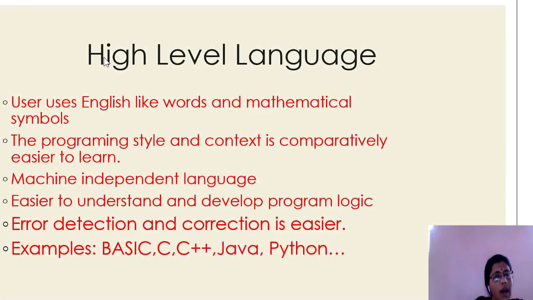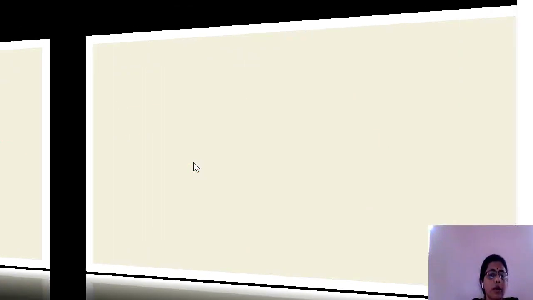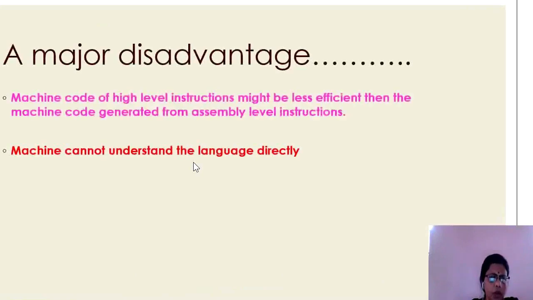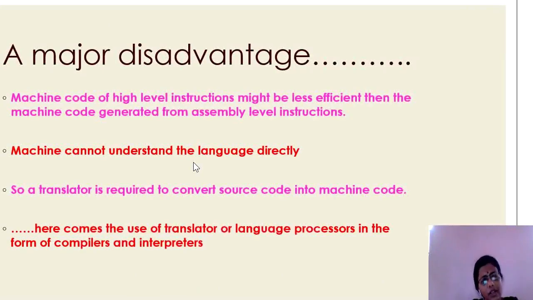Java is a high level language. It uses English-like words. It also makes use of mathematical symbols. So you are all going to learn a high level language. Which high level language are you going to learn? Java programming.